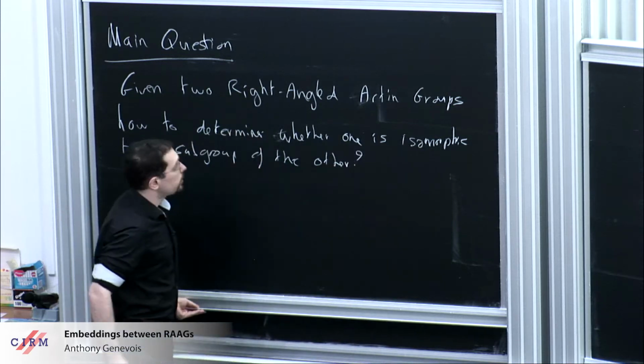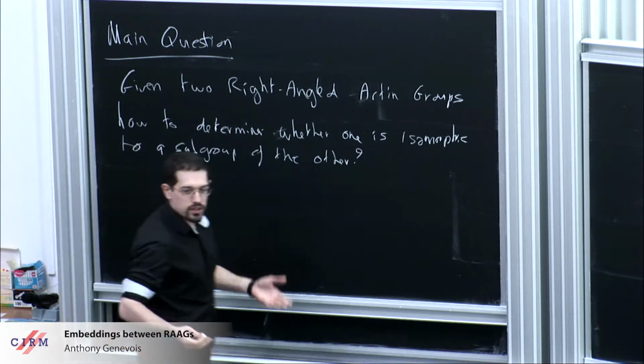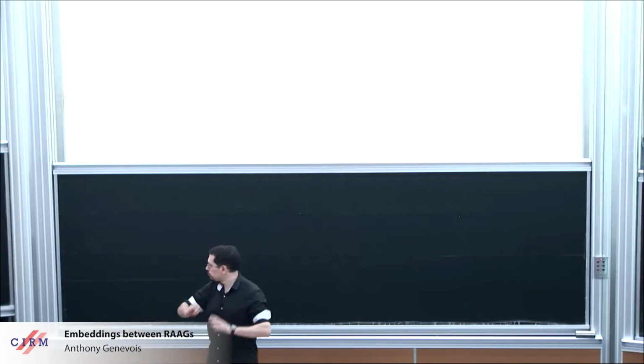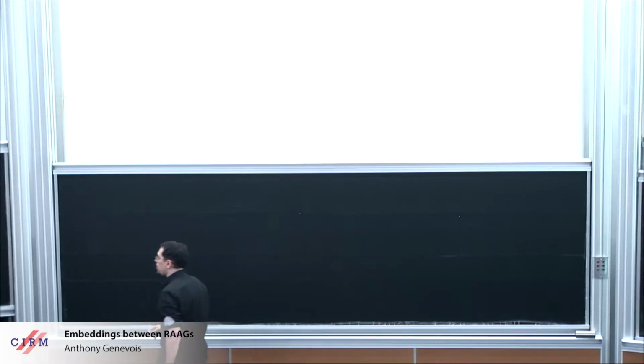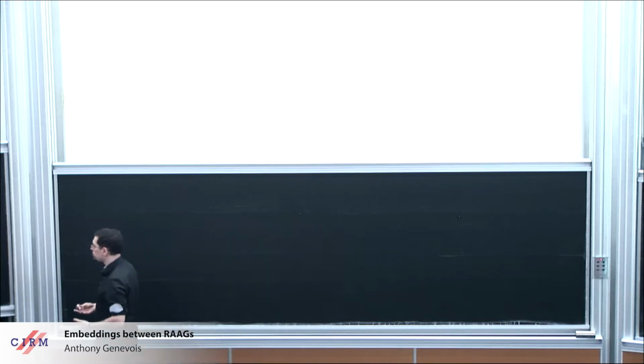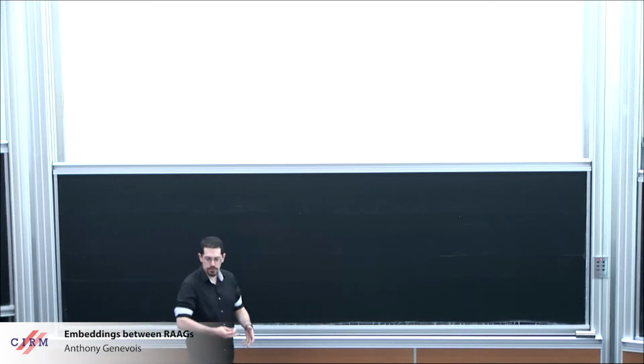Okay. So in other words, what we want to understand is the embedding problem, focusing on some specific class of groups. Right-angled Artin groups, I will define them in a moment. But given a specific family of groups, these are some basic questions we can ask to test whether or not we understand this family of groups.